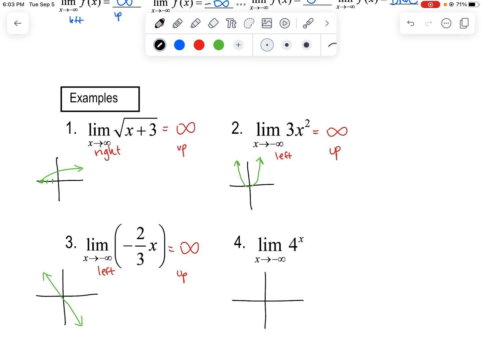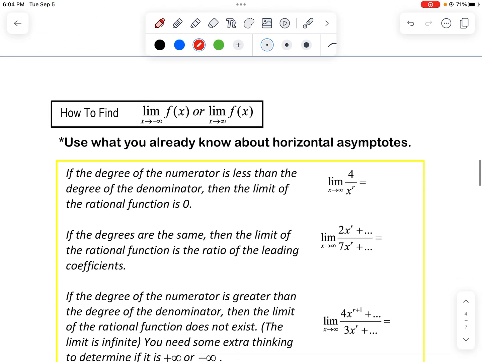And then 4 to the x, we know that's an exponential growth. So that left arrow there is going to 0.